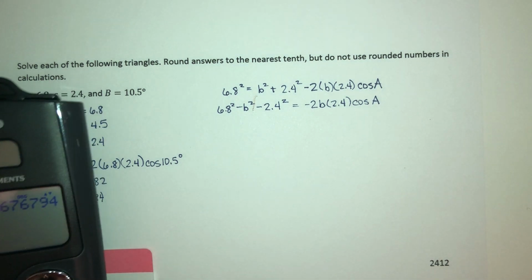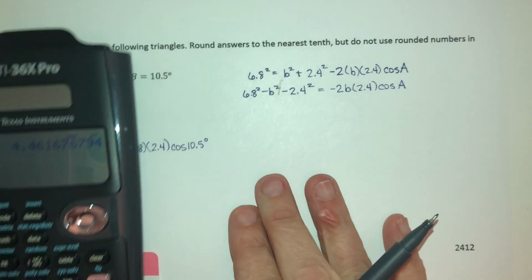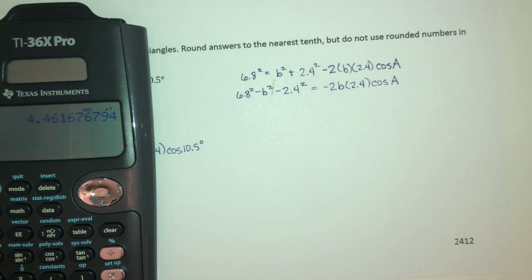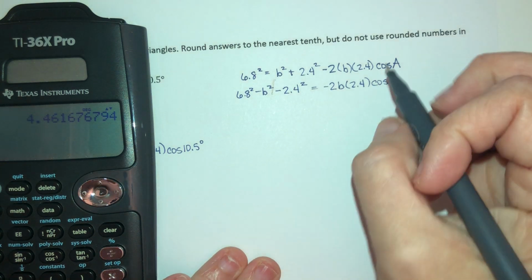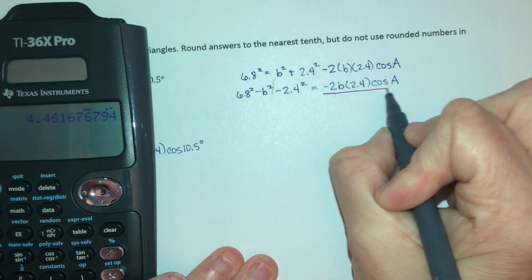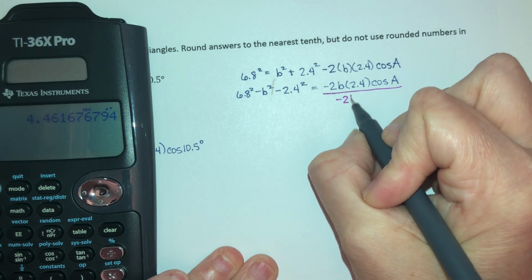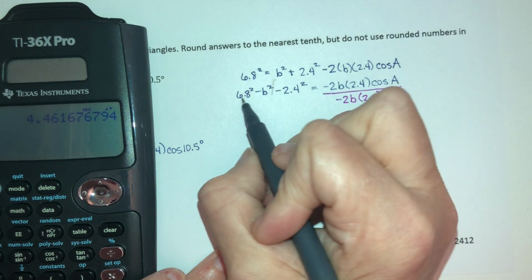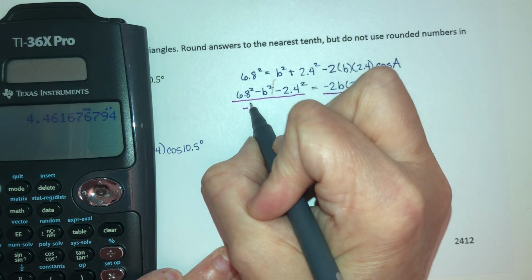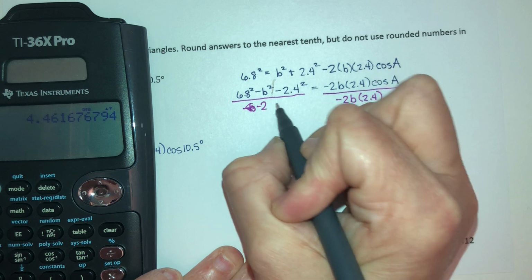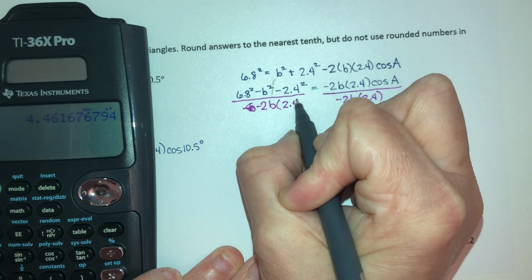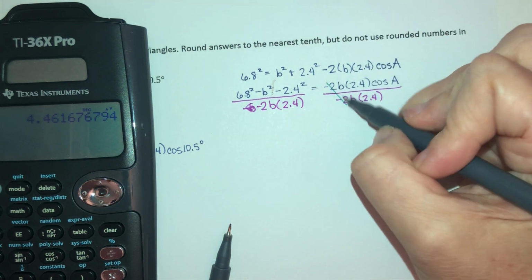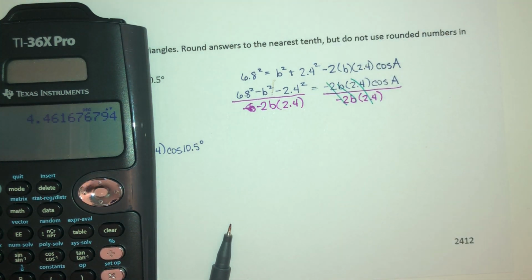So if I do that, and then, well, again, I'm not going to work on this whole calculation yet until I have to. Then I would divide everything by negative 2B times 2.4 to get just cosine A by itself. Okay, and then, so all of this cancels out and I'll have simply cosine A.